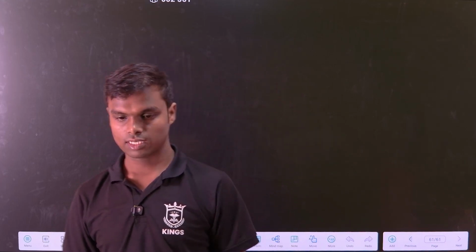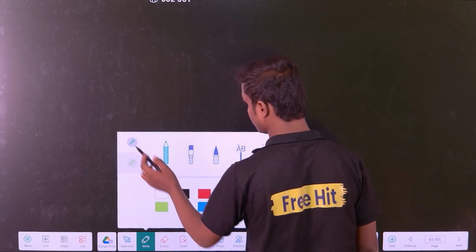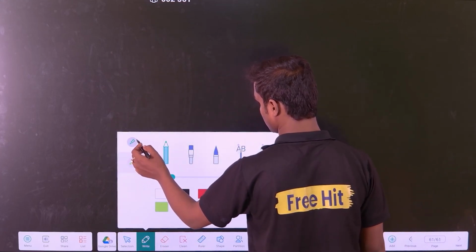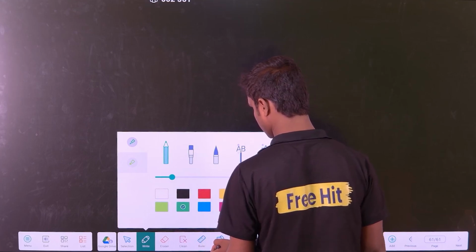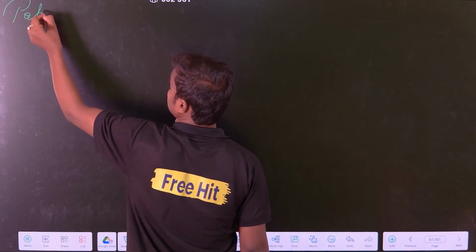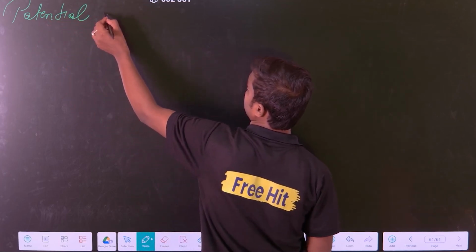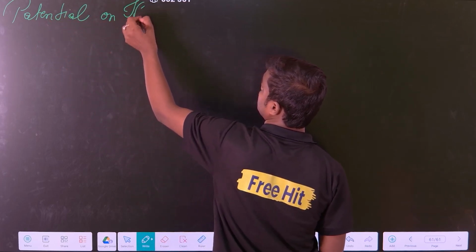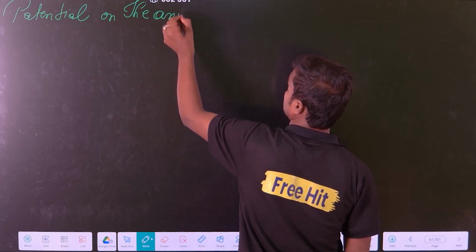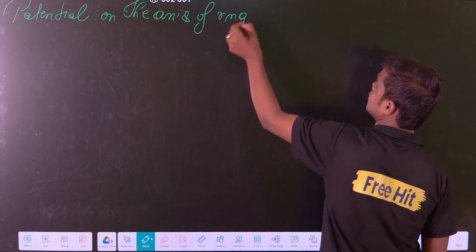Suppose I have a ring. Let's take one example: potential on the axis of a ring.